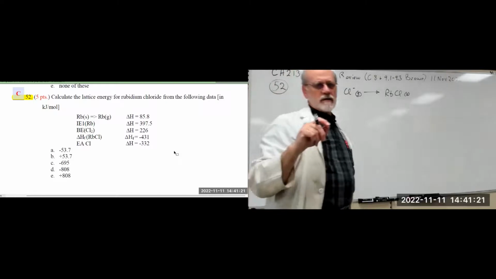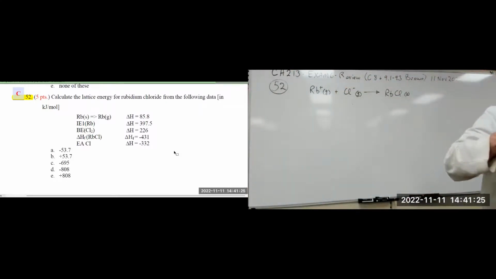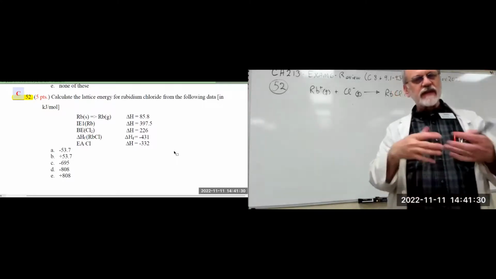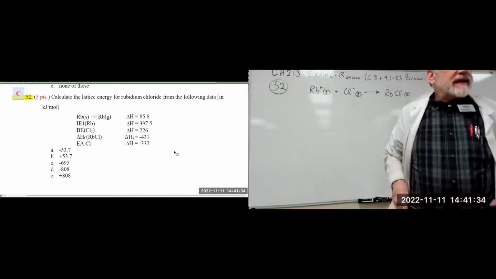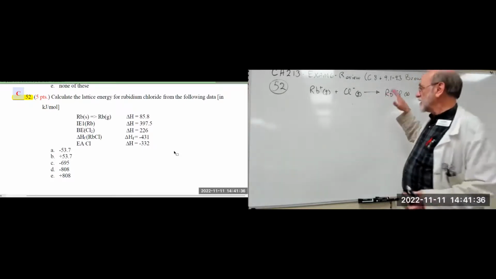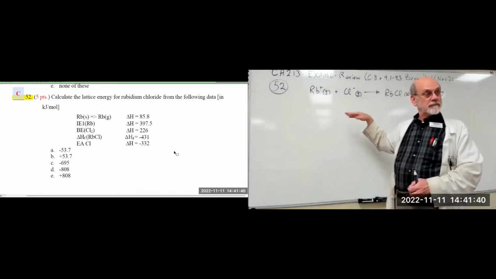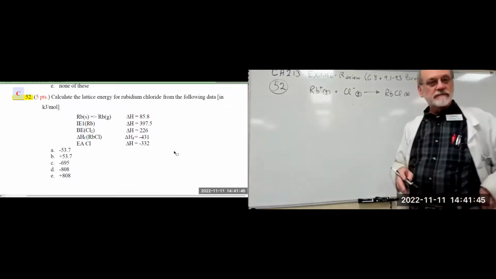Now, the cryptic part of this question has to do with the given information, the given reactions. If you don't know what they mean, then you can't write the reactions that will help you build a Hess's law compilation of the equations.